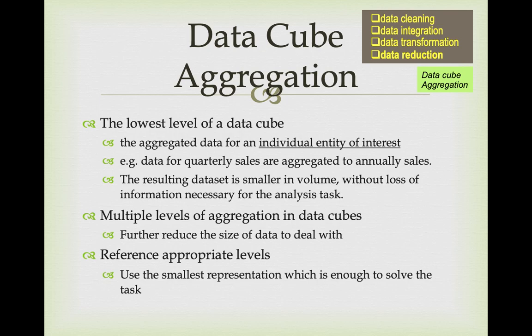Multiple levels of aggregation in data cubes further reduce the size of data to deal with. Or we can also use reference appropriate levels. Use the smallest representation which is enough to solve the task.